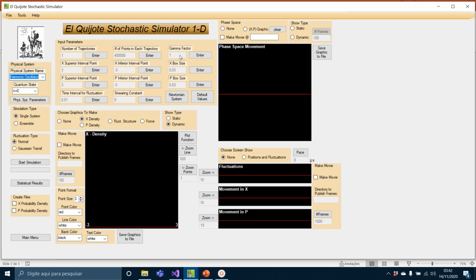Here is the other element of the simulation, which is the gamma factor. I have already put here the gamma factor that gives the correct answer for the system. You will see in this window the appearance of the probability density function in X. Here is the function that we expect, the theoretical function for the quantum state n equal to 0, the ground state. You will see that we have first the appearance of a wave.